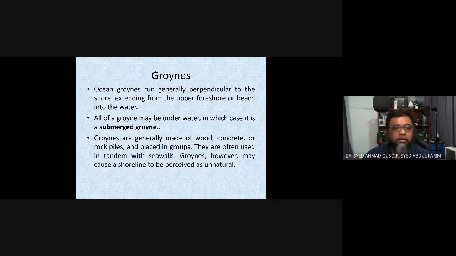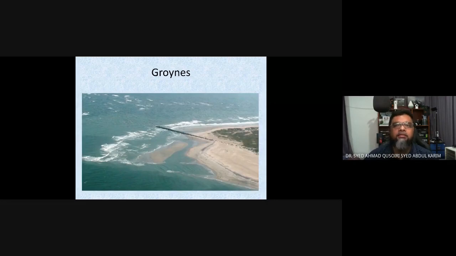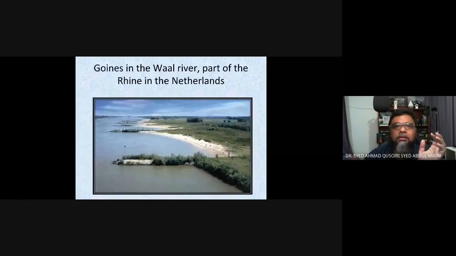Okay, if you can see, okay, the design is like this. So you may have the sea wall across the shore, but groins is 90 degrees to the shore. So it is moving towards the sea. Okay, so we can have the groins like part of it is above water and some part of it is below water.